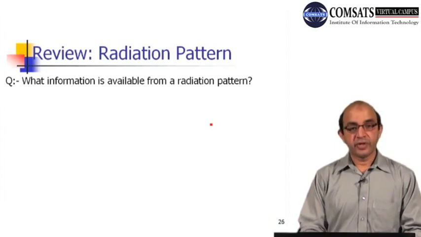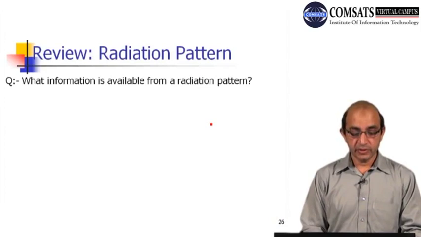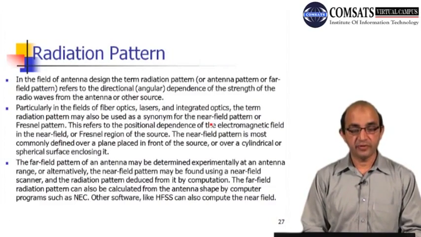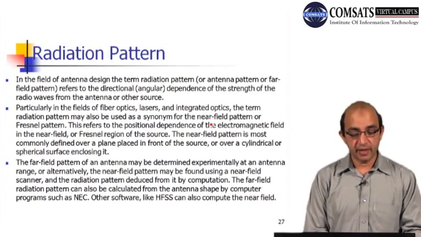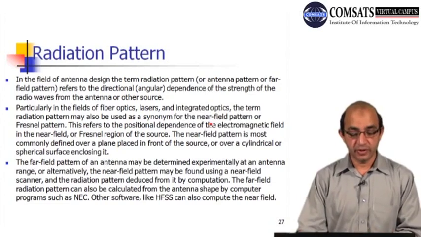So here we have another review question regarding radiation pattern. What information is available from a radiation pattern? First we have to talk about the radiation pattern. When we talk about antenna design, the term radiation pattern refers to the directional dependence of the strength of the radio waves from the antenna to the other source.